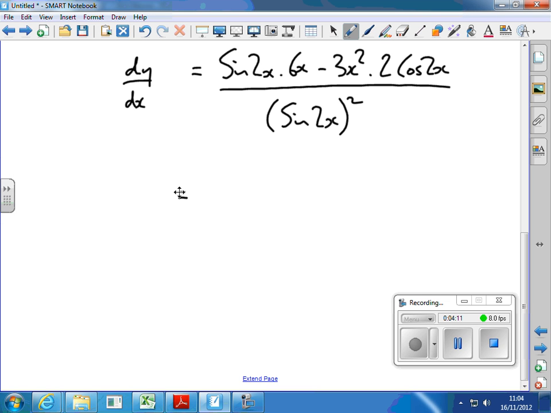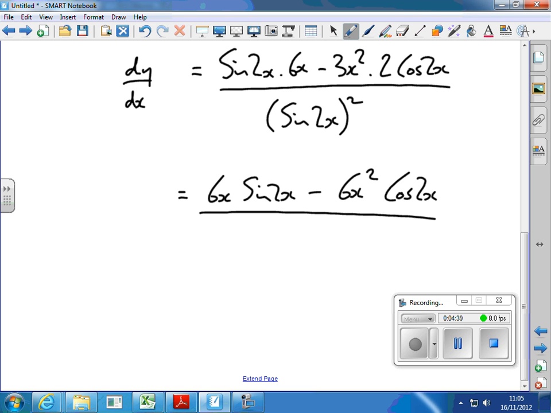Put numbers first. Looking at this first term, I'm going to put the 6x first, followed by the trigonometric function. Here, I can combine the 3 and the 2 to make 6. So 6x squared times cos. So we get 6x sine 2x minus 6x squared cos 2x, all over the bottom bit.